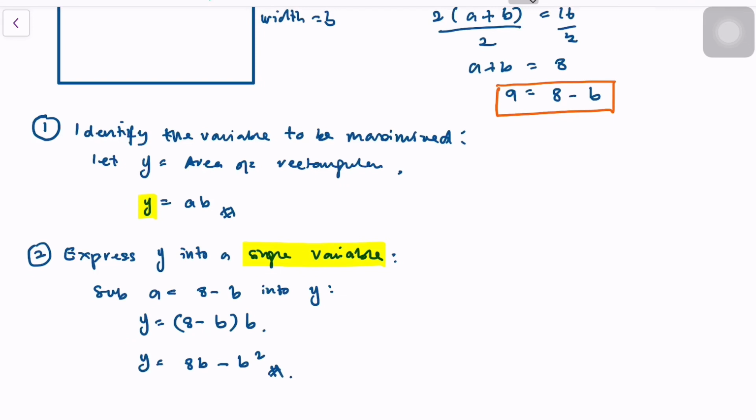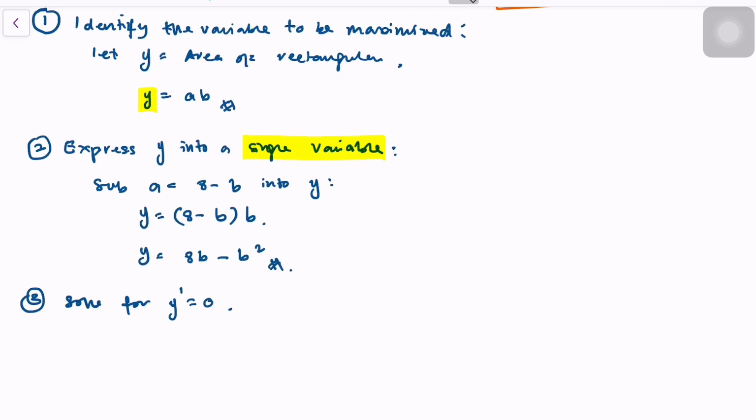Okay, so langkah yang ketiga, di mana kita nak kena solve for y prime is equals to 0. So we know that our y prime dekat sini adalah 8 minus 2b, which is equals to 0.